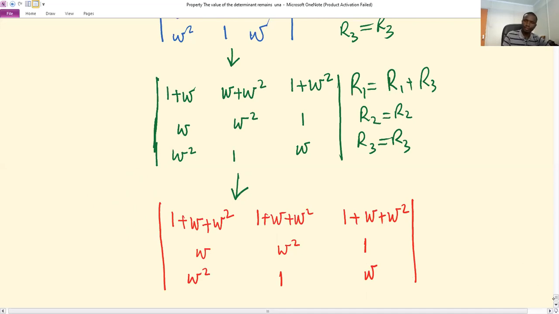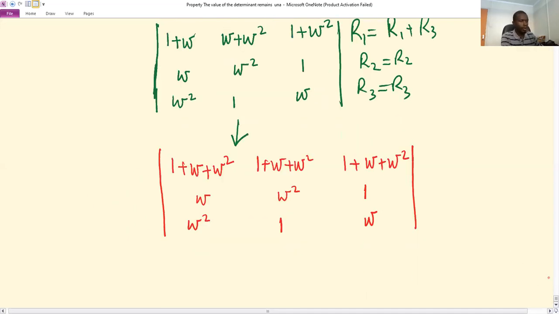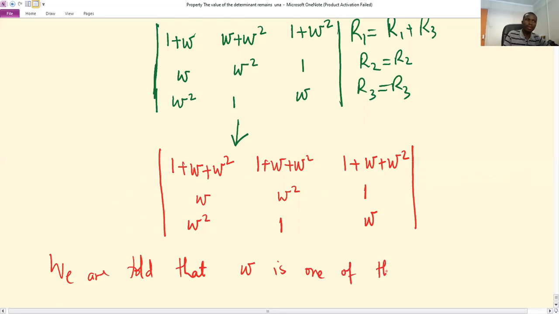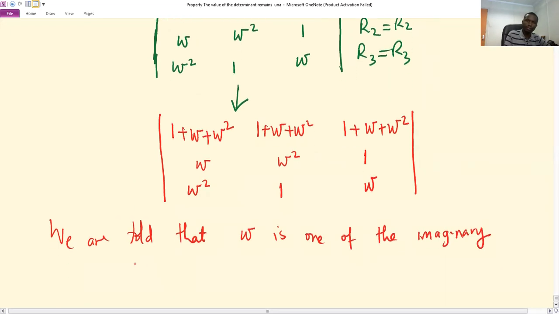And then we are told that omega is one of the imaginary cube roots of unity.